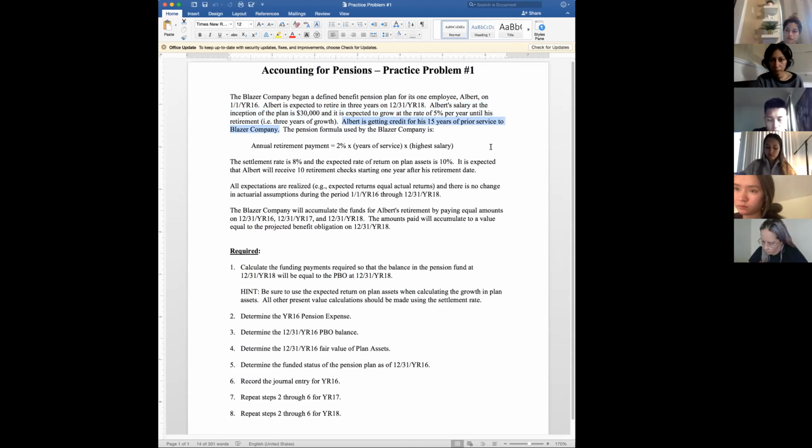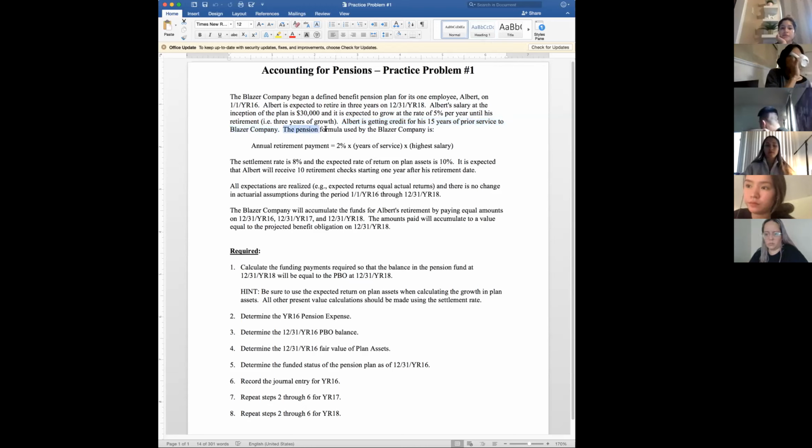They are adopting it new, but they decide to give him or reward him for his service for the past 15 years on top of additional 3 years that he will work on. All right, so from there we can calculate the prior service cost.